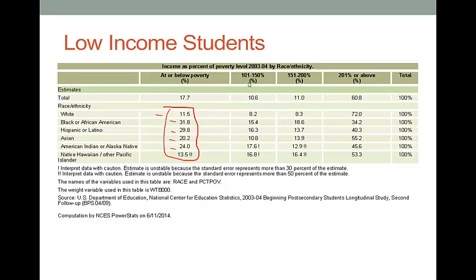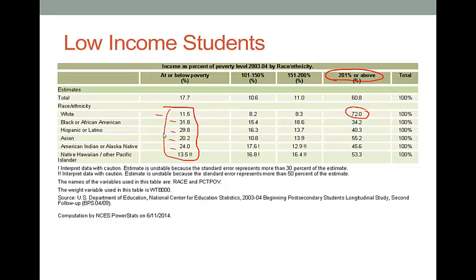Now, as we move up in the poverty level, or the percentage of the poverty level, we can start to see, again, the numbers going down. Now, the 201% or above, that could be anything from $40,000 all the way up to $500,000. So when we look at this number here, it's a little misleading because we can't exactly see what it is that it's referring to. But you do get the general idea that low-income students are more likely to be minority students, and we talked about in the previous lectures that has to do with previous historical misgivings.